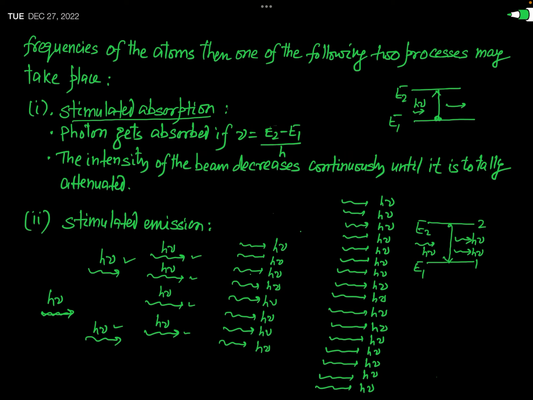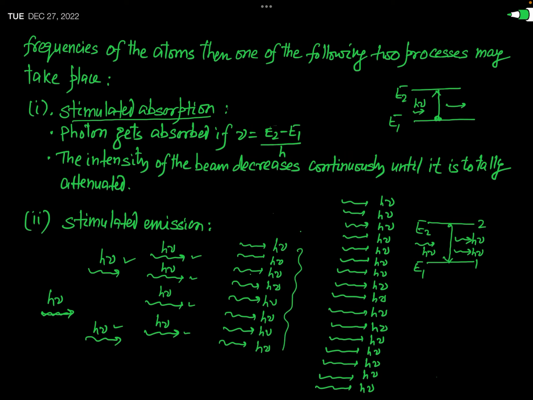In a similar manner, these 4 photons will excite 4 more atoms in the higher energy state, and those 4 atoms will de-excite to the lower energy level, and again 4 new photons will be produced. So as a whole, how many photons are in this beam? Now there will be 8 photons. You can see it here.